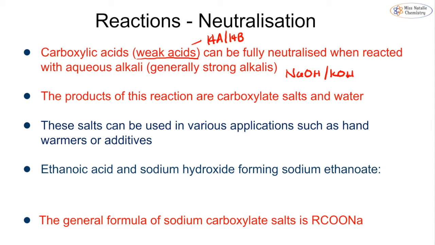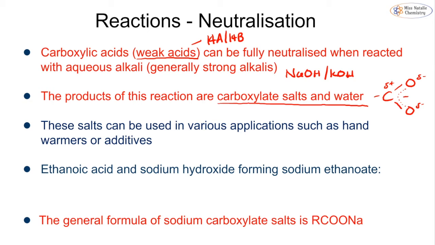As with any neutralization reaction, our products are salt plus water, but we're going to be just slightly more specific, and we're going to say that we're making a carboxylate salt plus water. So remember, that is our oxygens with our delta negative and our negative charge being shared over the two.